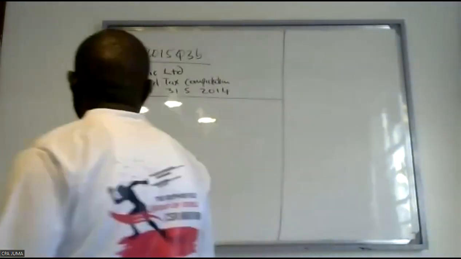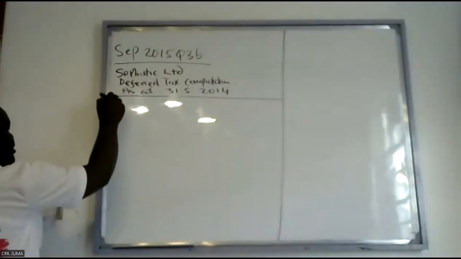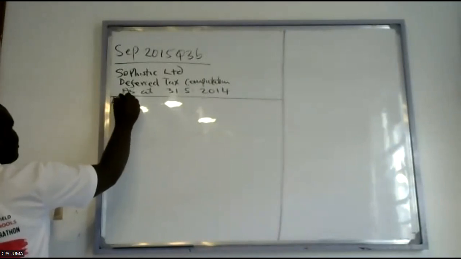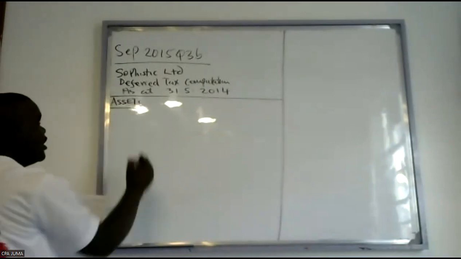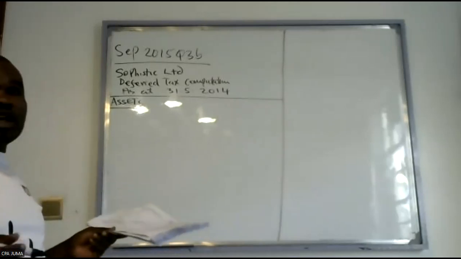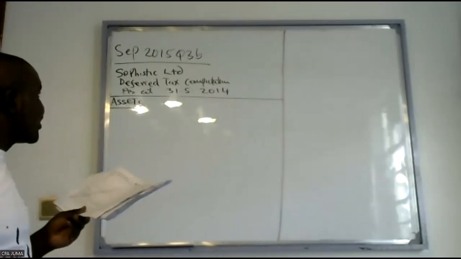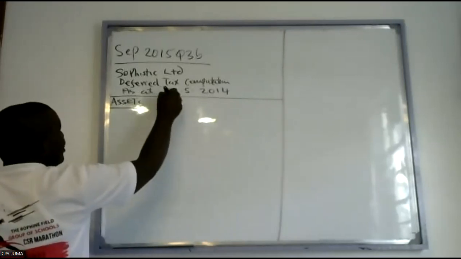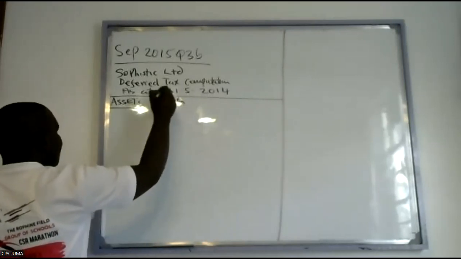All right. So assets. There are only two assets, plant and software, so there is no liability. So assets, carrying amounts, please write in full.